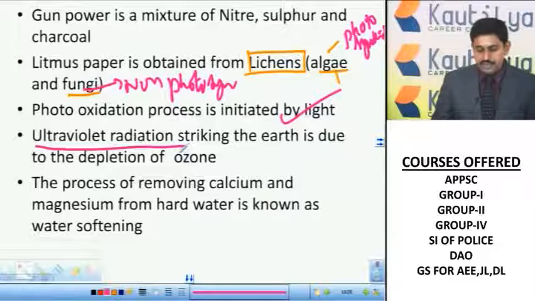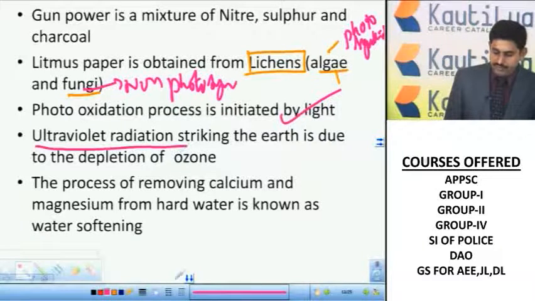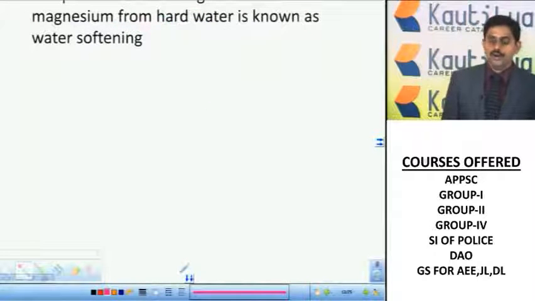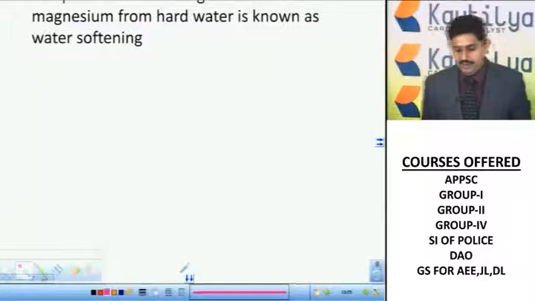Okay, next one. The process of removing calcium and magnesium from hard water is known as water softening. Water softening means hard water is converted into soft water. What is hard water?